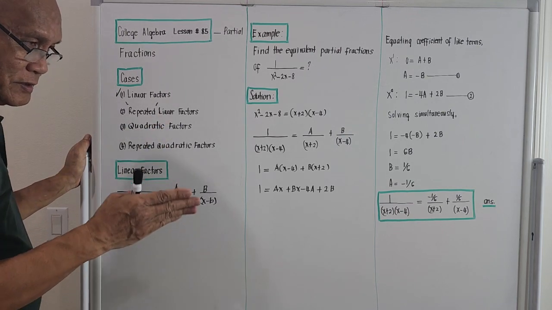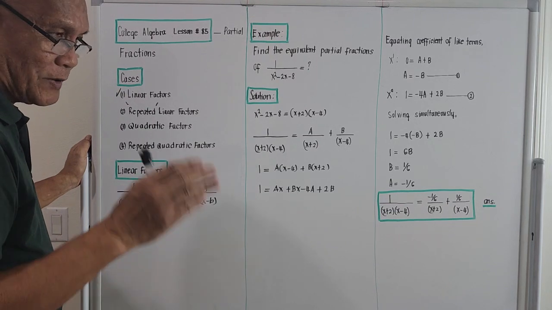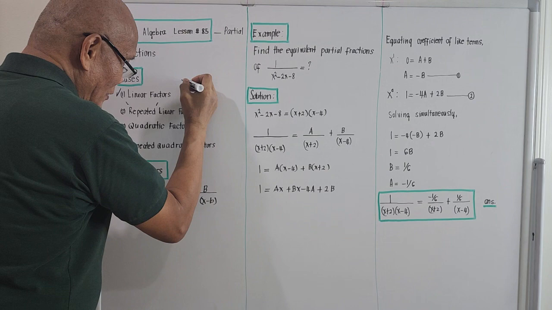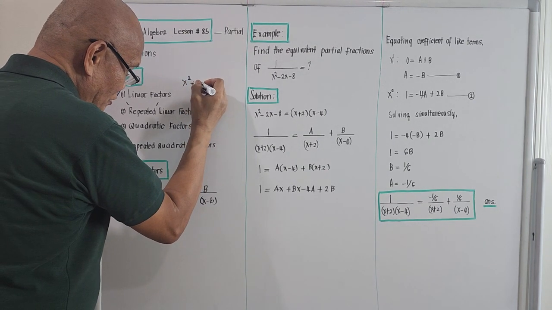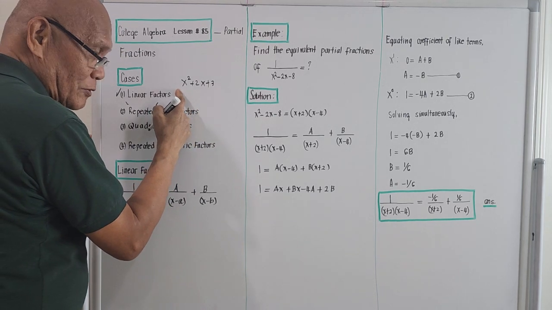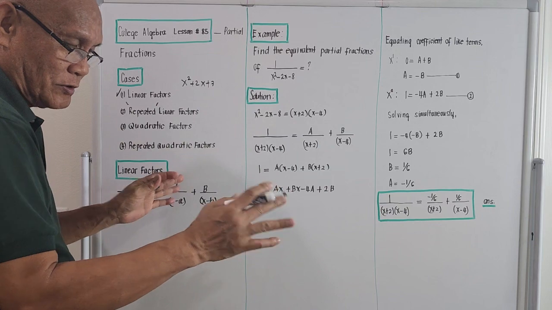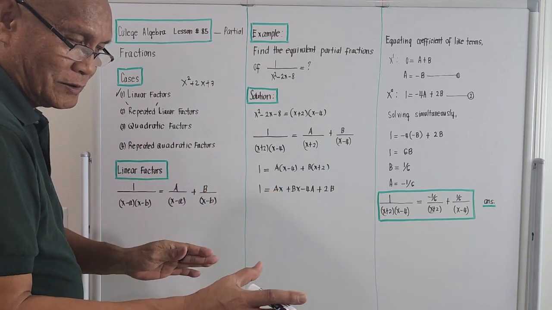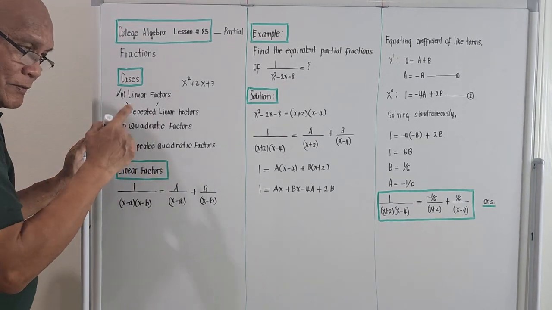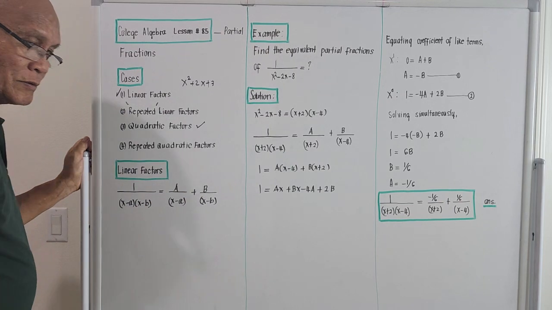Case number 3 is where the denominator of the fraction involves quadratic factors, meaning the highest power will be maybe x squared plus 2x plus 3. If you could not simplify this into 2 simple linear factors, you could not do anything about it. So this falls under the fraction involving quadratic factors in the denominator.